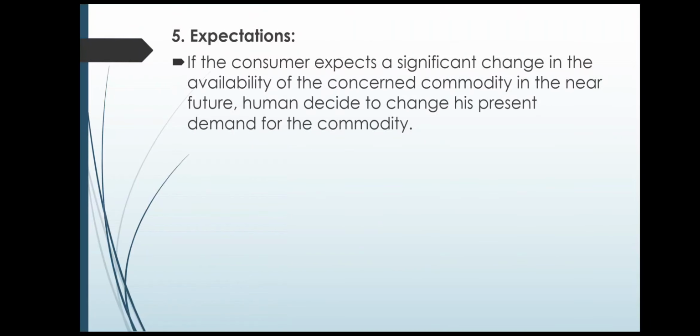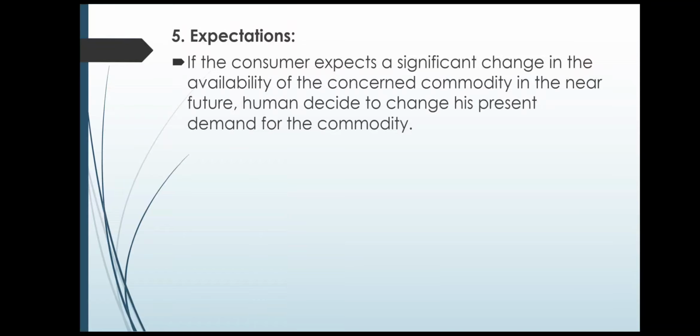The next determinant is expectations. If the consumer expects a significant change in the availability of the concerned commodity in the near future, he may decide to change his present demand for the commodity.